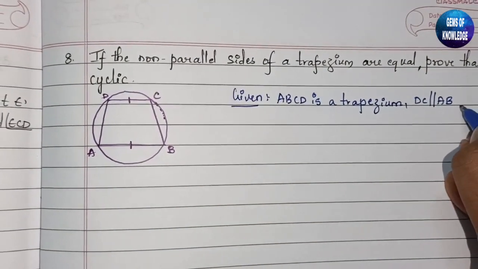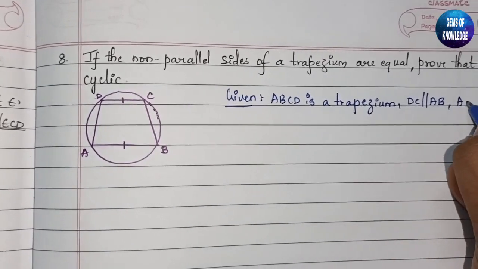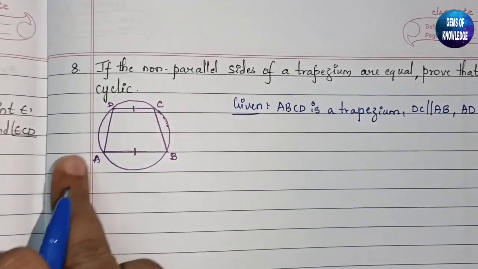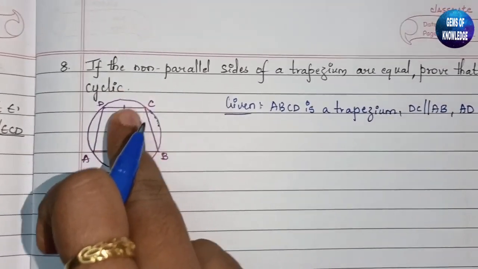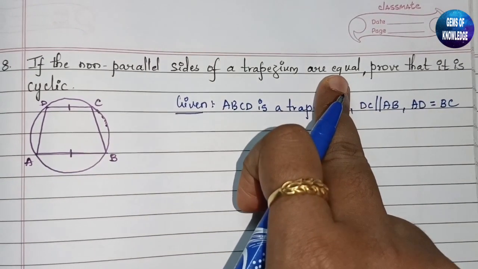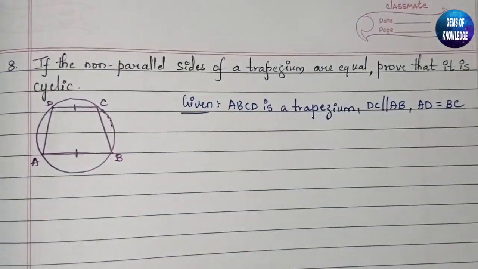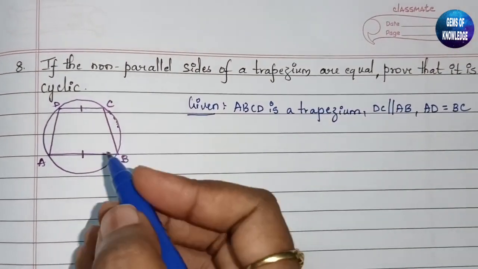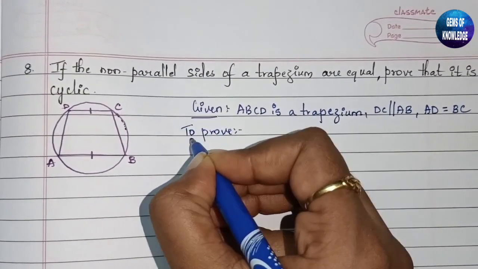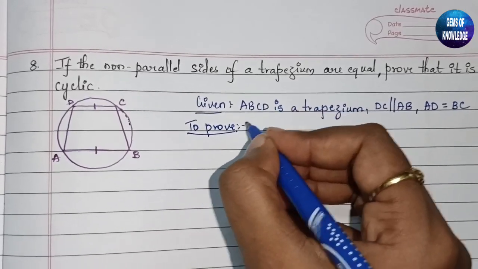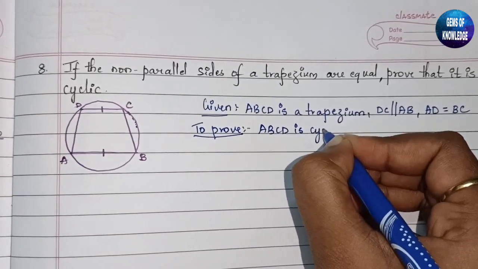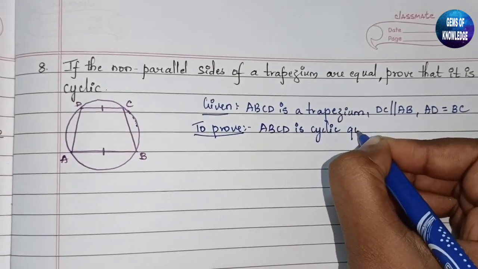And now according to the question, they are also telling us that AD is equal to BC. You can see the non-parallel sides of the trapezium are equal. Then to prove, we need to prove that ABCD is a cyclic quadrilateral.